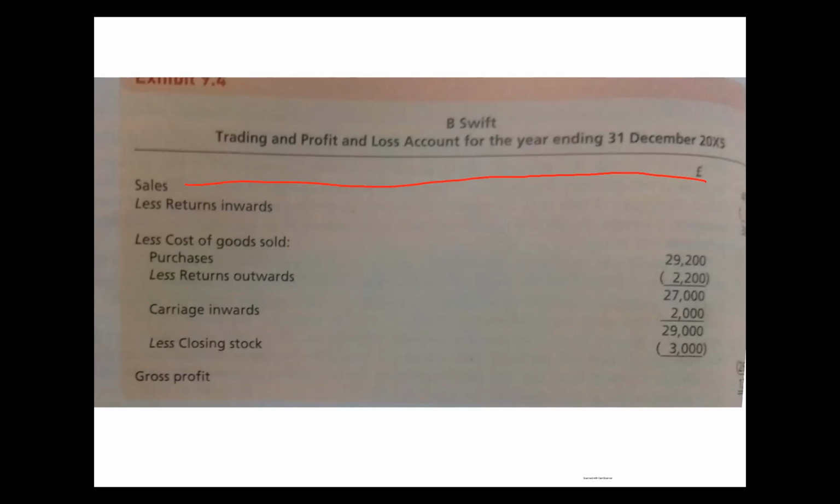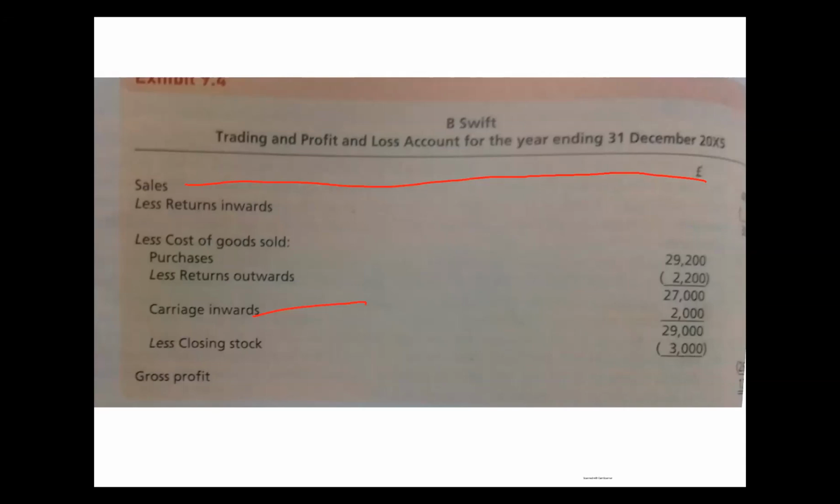That is, if you have the carriage inward on your trial balance. What is carriage inward? Carriage inward simply means the cost you paid when you're trying to bring things into the business. That would include offloading costs, as we are trying to bring things inside the business. It would include transport.